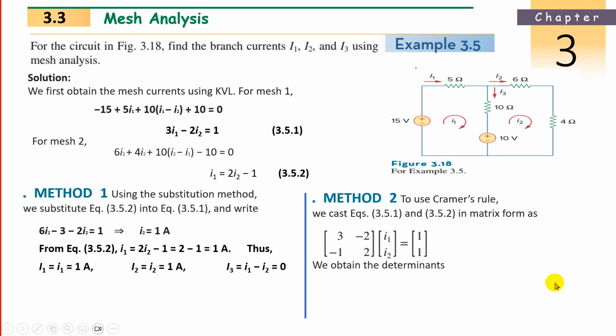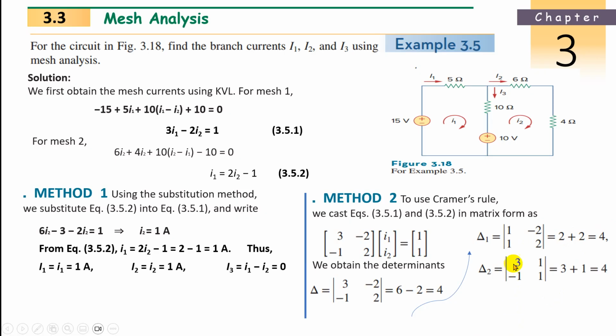Now just take the determinant. Delta is 3 into 2, 6, minus 2 into 1, that is 6 minus 2, so 4. The overall determinant is 4. Now for determinant 1, replace the 3 minus 1 column with 1 1 and find the determinant: 2 into 1 minus 2 into 1 minus, or rather plus 2, plus 2, that is 4.